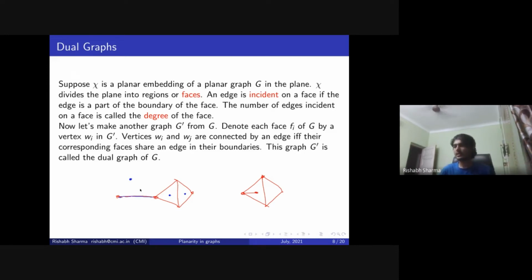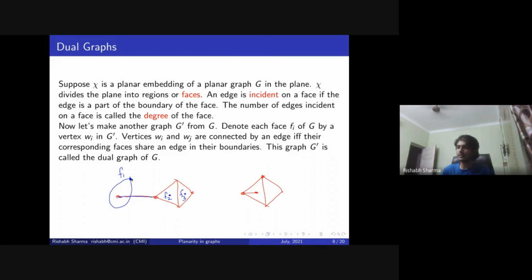Since it is part of only one face, I just draw a loop, like a looped edge, which just joins this outer face to itself. So I call this F1. And F2. So for this edge, I just draw this edge which loops around itself and joins F1 to itself.